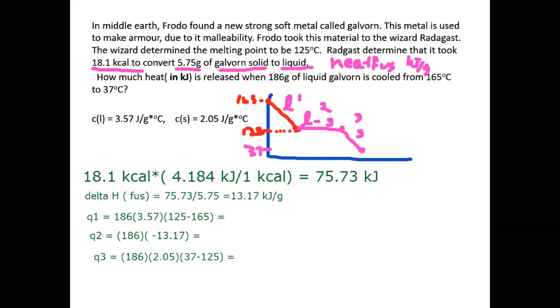And now we can get the numbers. Remember, Q1 and Q3 are going to be in joules. Q2 will be in kilojoules.